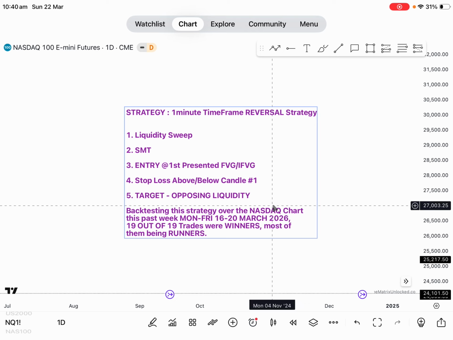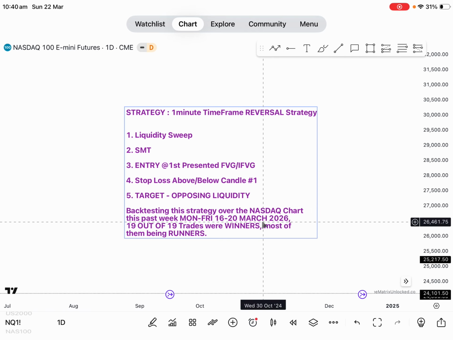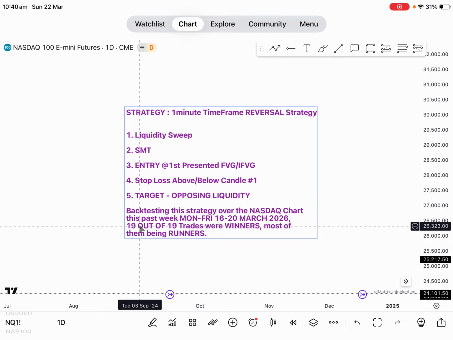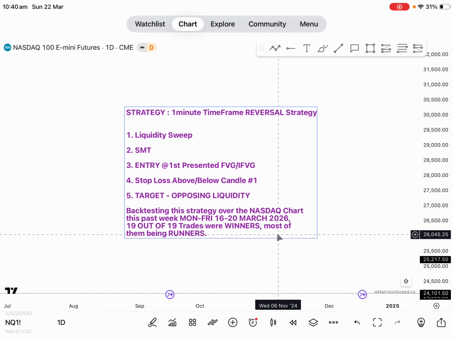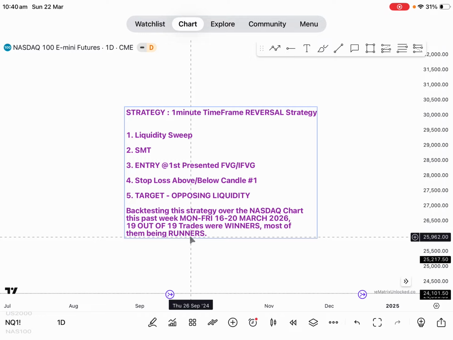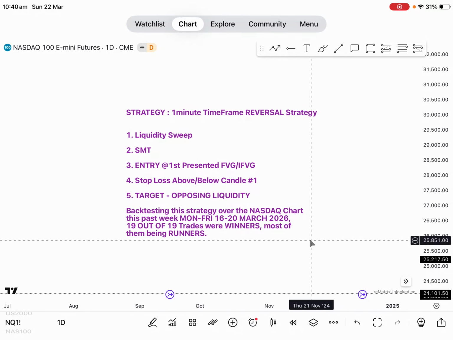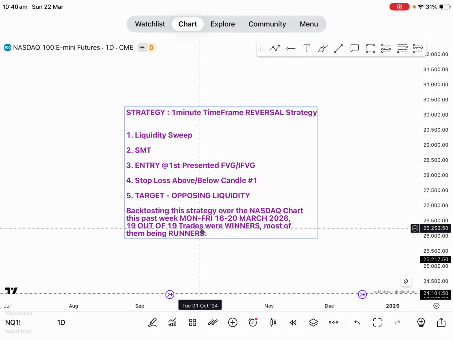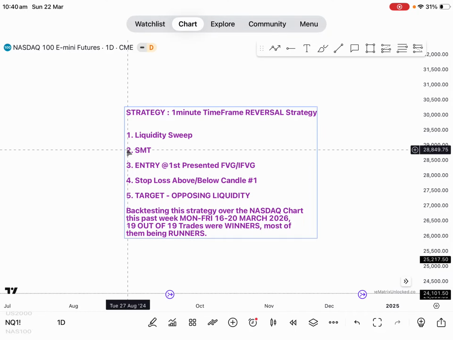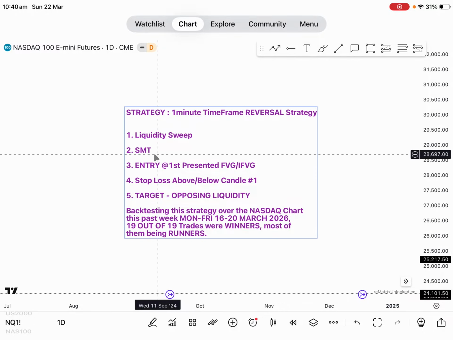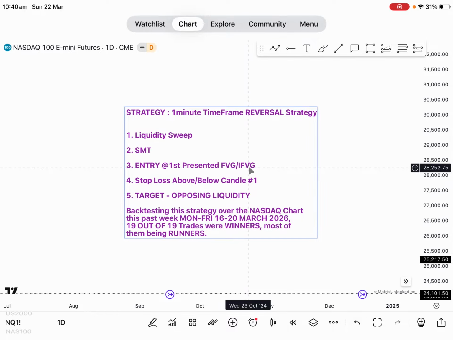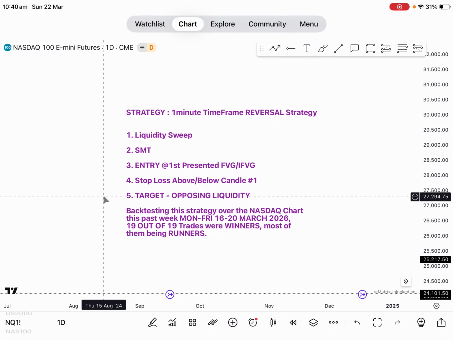That's it. And backtesting this strategy over the Nasdaq chart this past week, which I'm going to show you, 19 out of 19 trades were winners, most of them being runners. It ran twice or 3 times as much as the opposing liquidity's length. So 19 out of 19 trades that had liquidity sweep and SMT, with the first presented fair value gap being tagged.